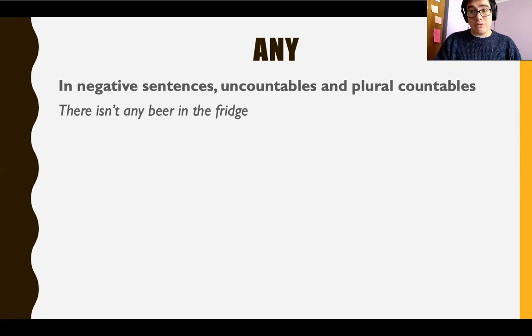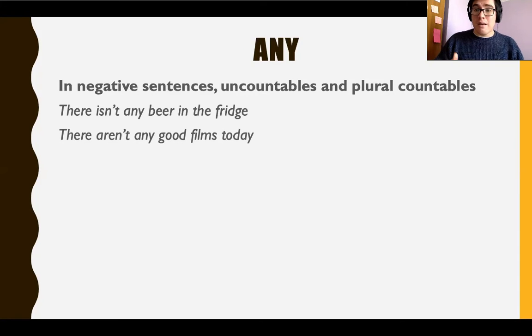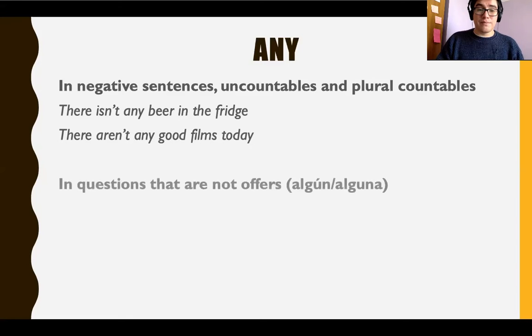Beer is uncountable. So in this case, no hay nada de cerveza or no hay cerveza. There isn't any beer. Another example could be there aren't any good films today. In this case, we're talking about plural countables. No hay ninguna película buena can be in Spanish.